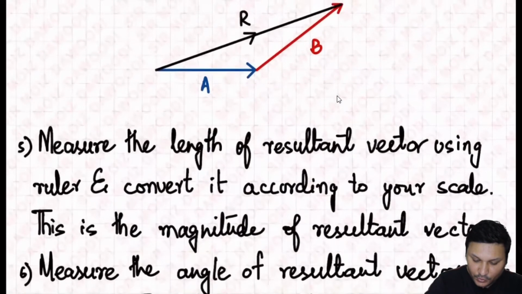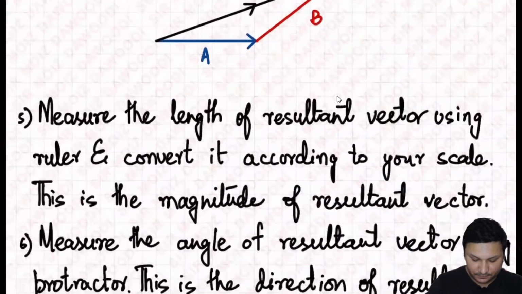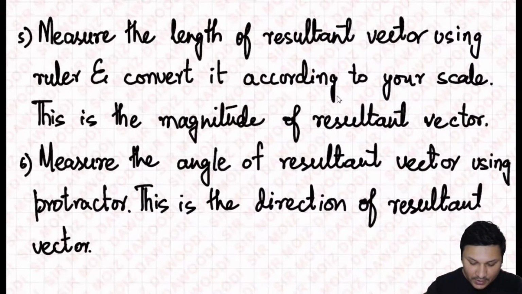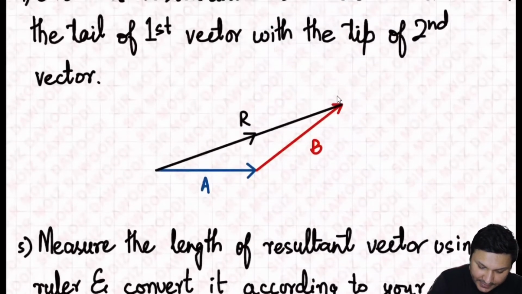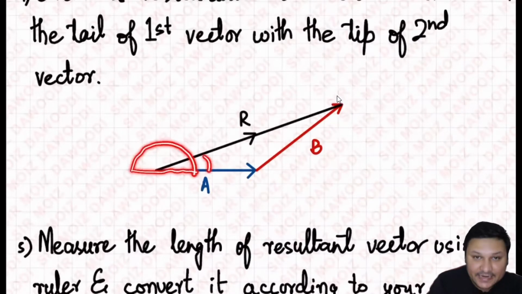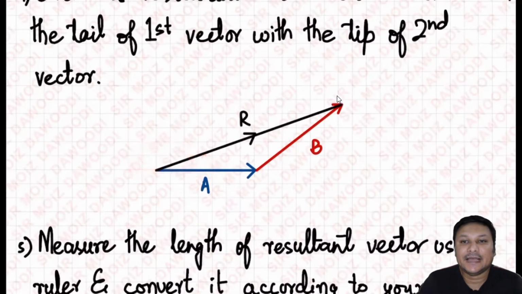Similarly, when I want to find out the direction of this resultant vector, what will I do? I will just place a protractor here and measure this direction using protractor. That will be the direction of the resultant vector.